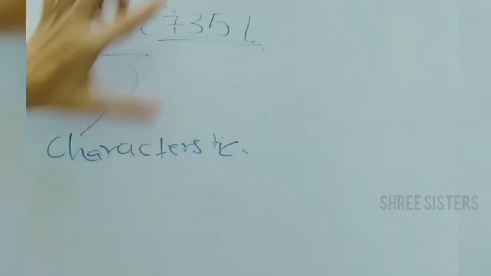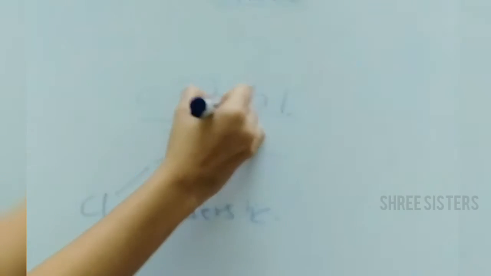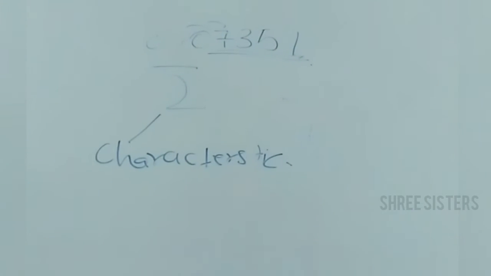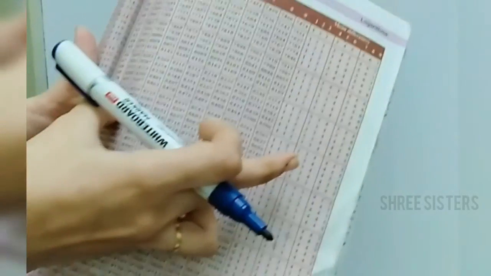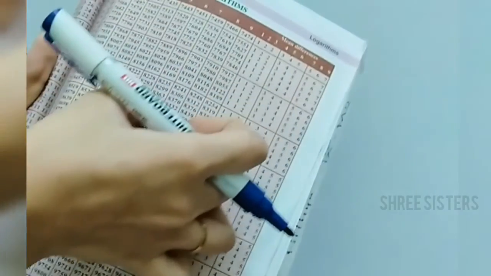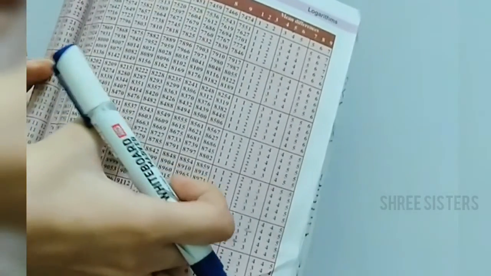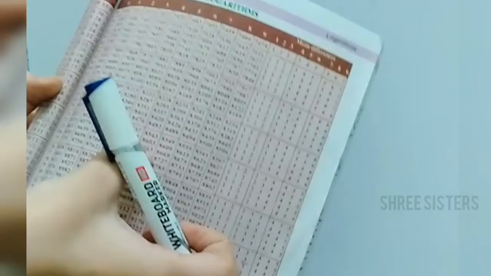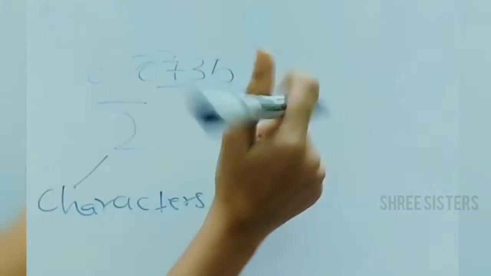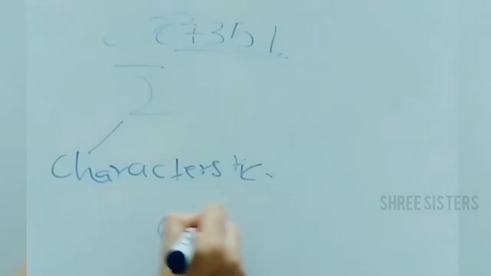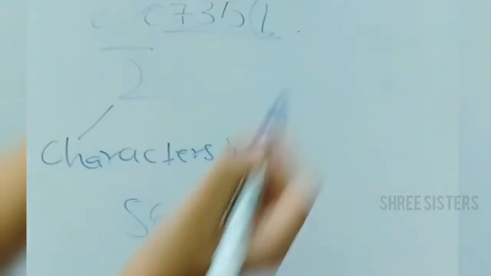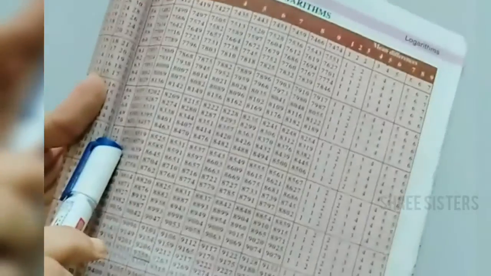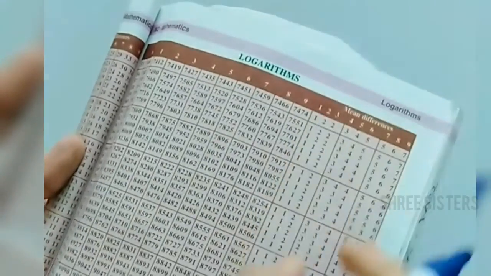So let's see the mantissa part for this one. For 73 and column 5, we get 8633. Now for the fourth digit, we should find the mean difference. 1 is the fourth digit, so we find the mean difference for the same row, 73, and mean difference 1 is 1.